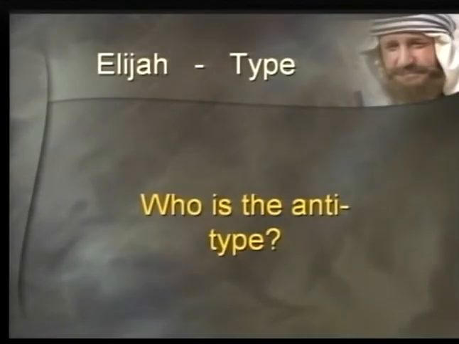So, if those two women form the type and the antitype, if Elijah is the type, who is Elijah's antitype? You see, the woman has a type and an antitype. Elijah also has a type and an antitype.